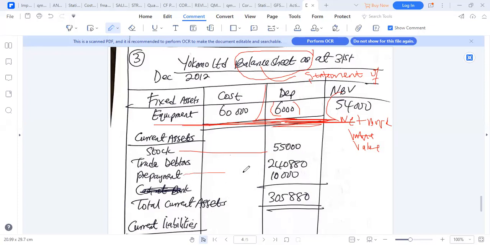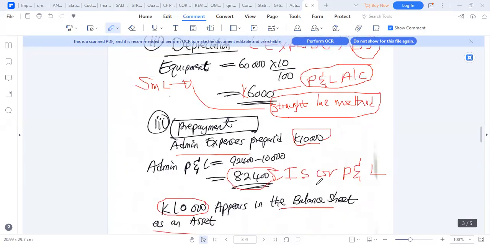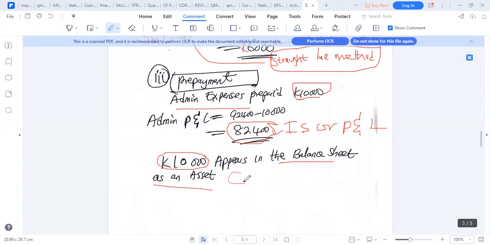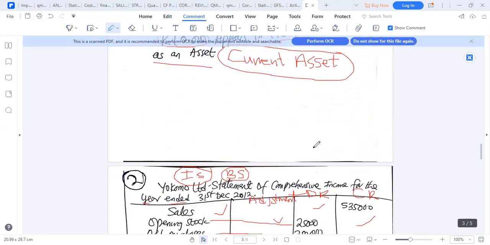The prepayment, remember, was 10,000. As I mentioned, the prepayment should go to the BS, which is the balance sheet. It appears in the balance sheet as an asset, as a current asset.